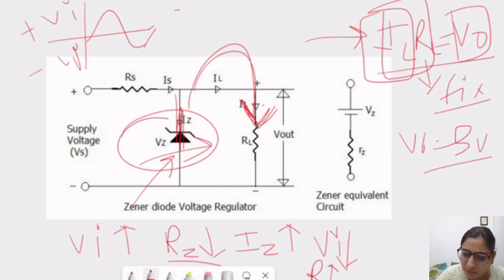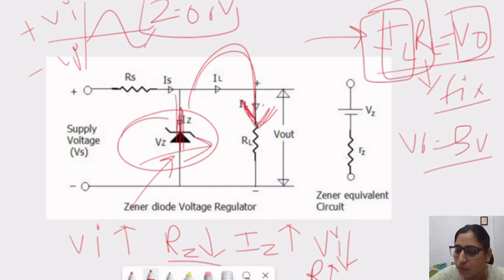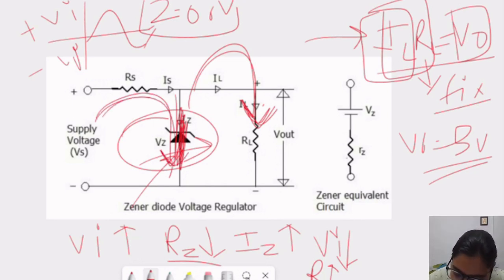Let's take one more example. Let this voltage be 200 volt, and at the output we will get 5 volt. At 200 volt, the resistance of this diode will become very, very less. The current will always choose the short resistance path, so all current coming to the circuit is flowing towards this Zener diode.